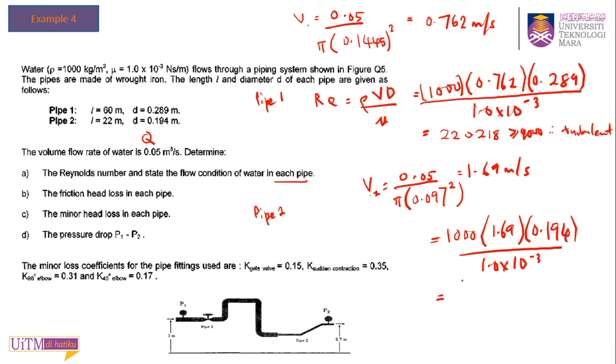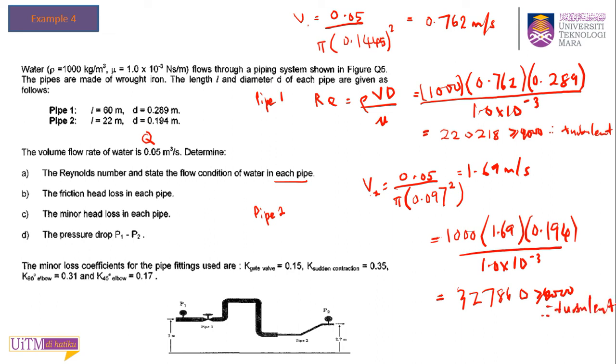So this will give you 1000 times 1.69 times 0.194 over 1 times 10 to the minus 3, which is 327,860. Okay, so this is larger than 4,000. So this is also turbulent.